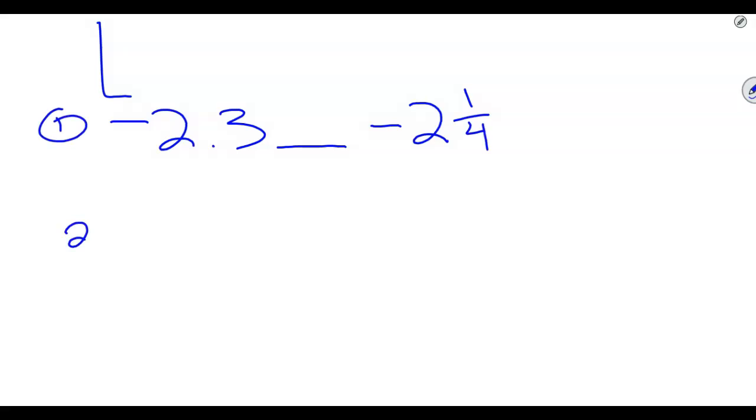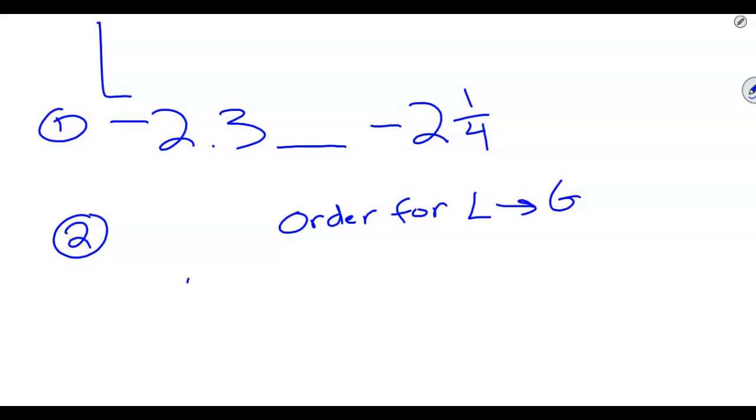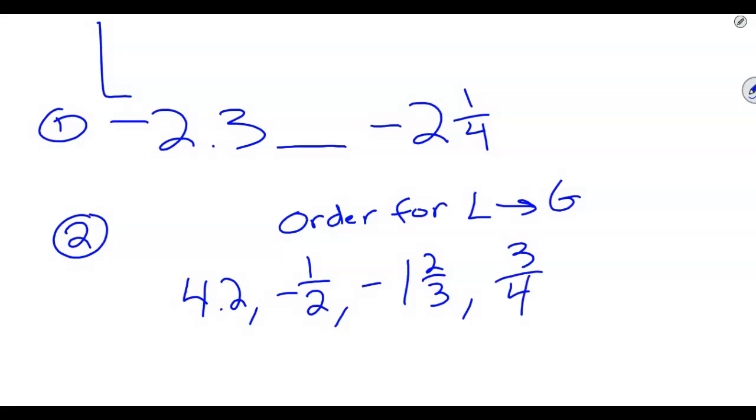The second problem I want you to do is order from least to greatest: 4 2/10, -1/2, -1 2/3, and 3/4. So the first one, compare these two rational numbers using greater than, less than, or equal to. And question 2, order from least to greatest.